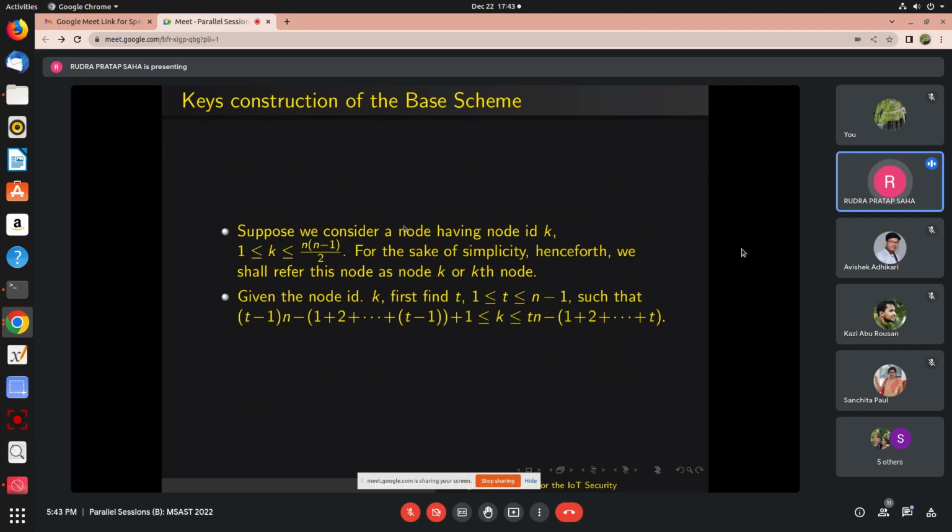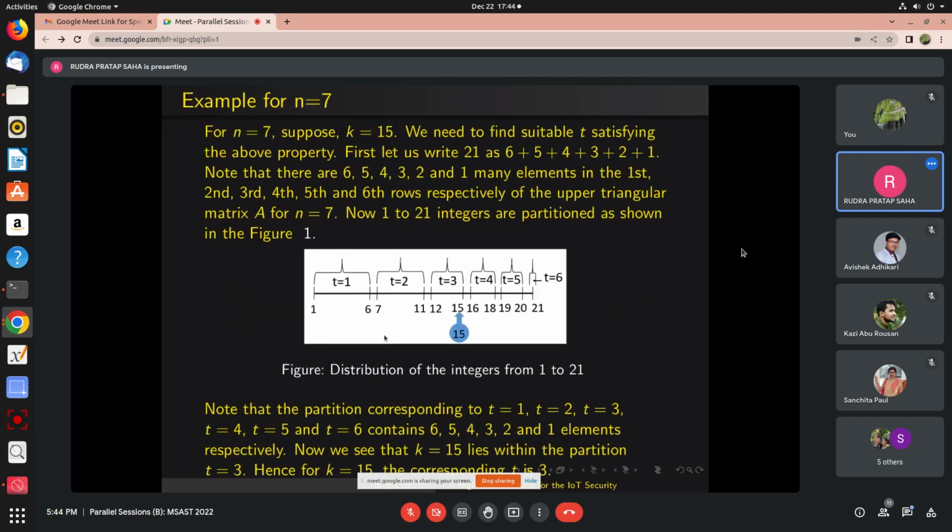Now we consider the key construction of the base scheme. Suppose we consider a node, that means an IoT device having node ID k. For the sake of simplicity we shall refer to it as node k, the kth node. Given the node ID k, first find t such that k lies between the two bounds. For example, for n equals 7, we choose k equals 15 and find the value of t.